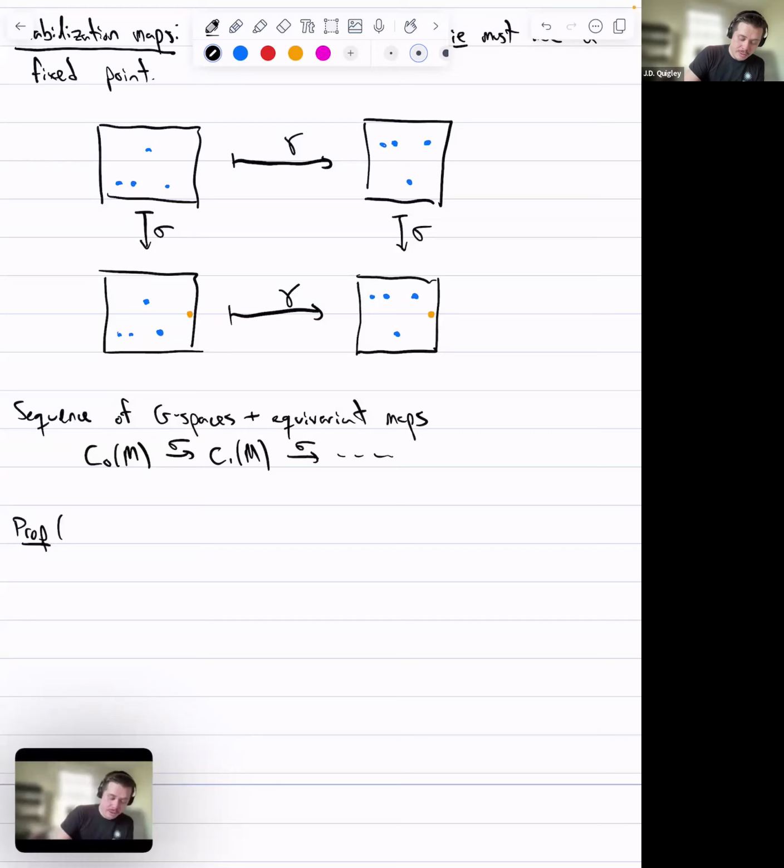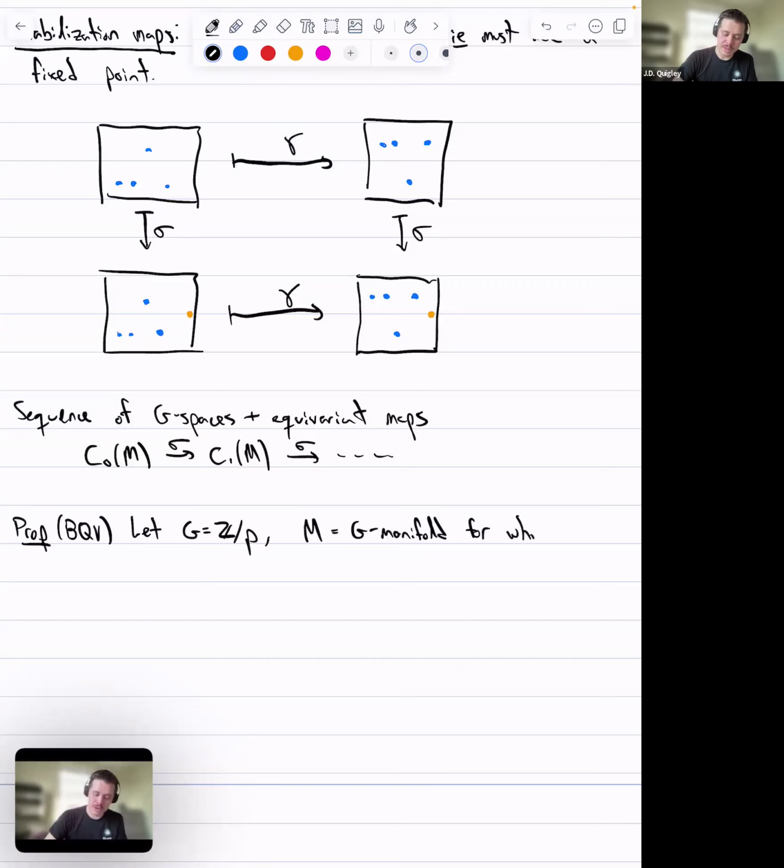Well, the first surprising thing that we saw in this project is that it doesn't, even in the most simple cases. So let G be just Z mod P, and let M be a G manifold for which our stabilization map, sigma, is defined.